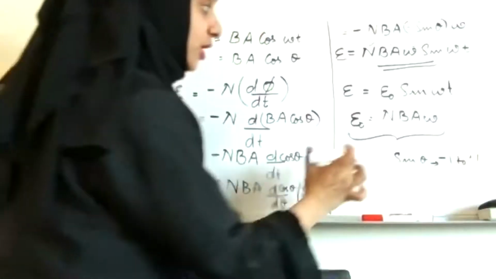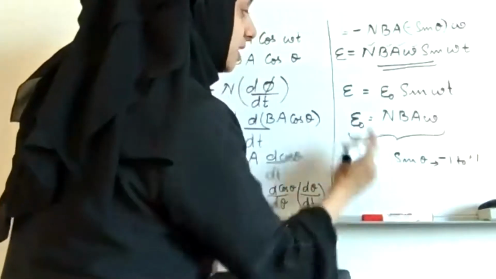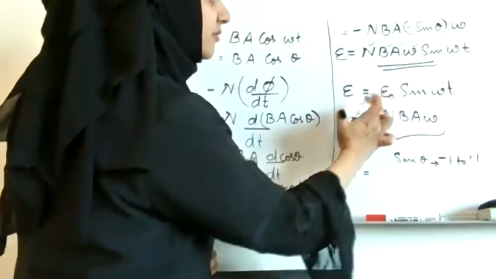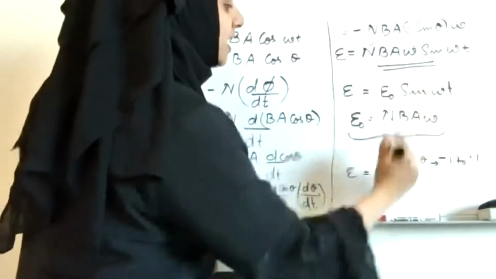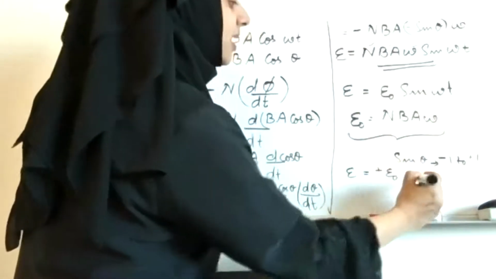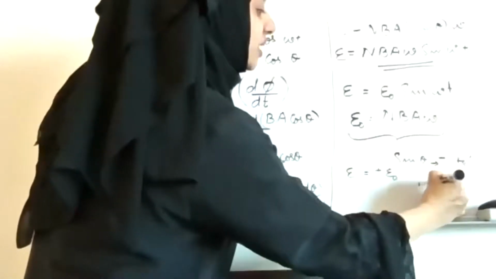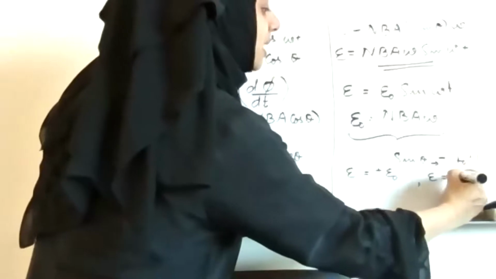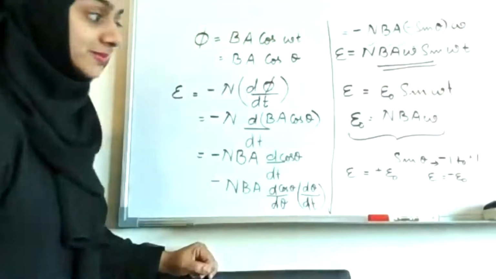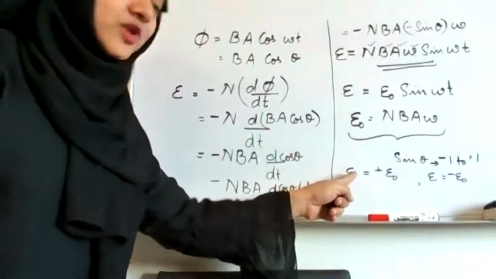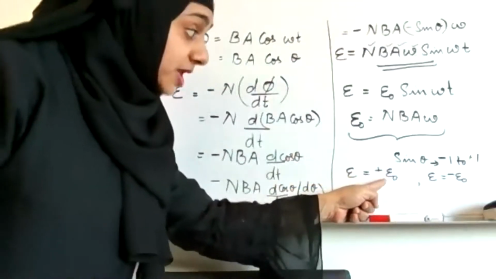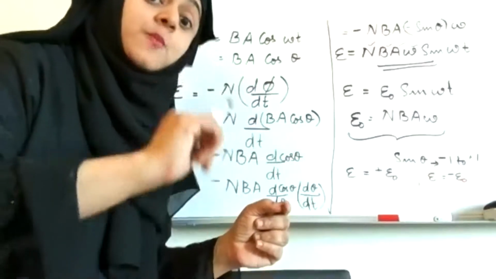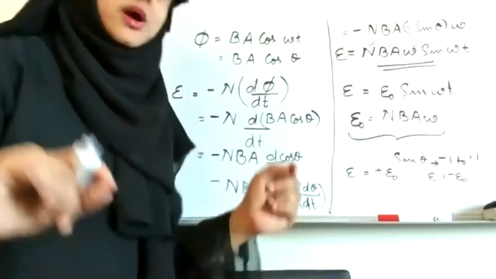So the maximum value of E possible will be plus E naught. And the minimum value of E possible will be, when sine is -1, minus E naught. So the EMF will vary from plus E naught to minus E naught. It can become 0, plus E naught, 0, minus E naught.